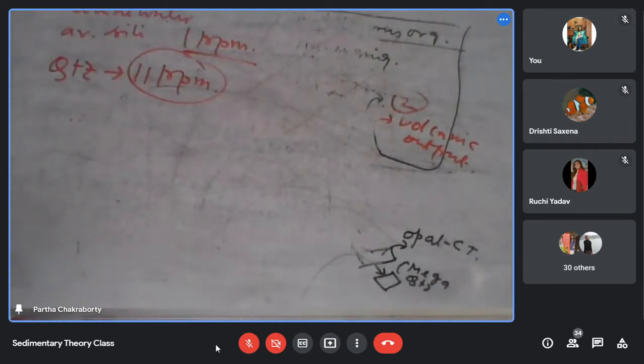That is the solubility of quartz. What does it mean? It means that if you have the silica content in marine water less than 11 ppm, then the quartz will go into solution. You are understanding what I am saying?